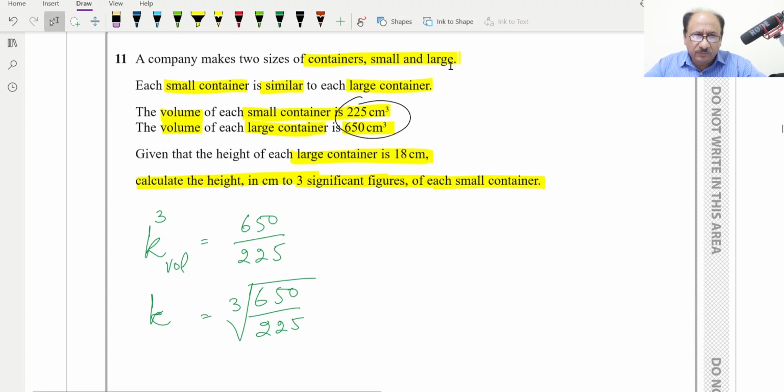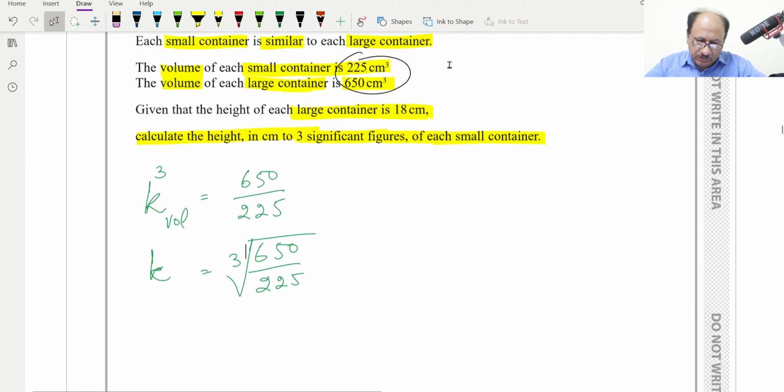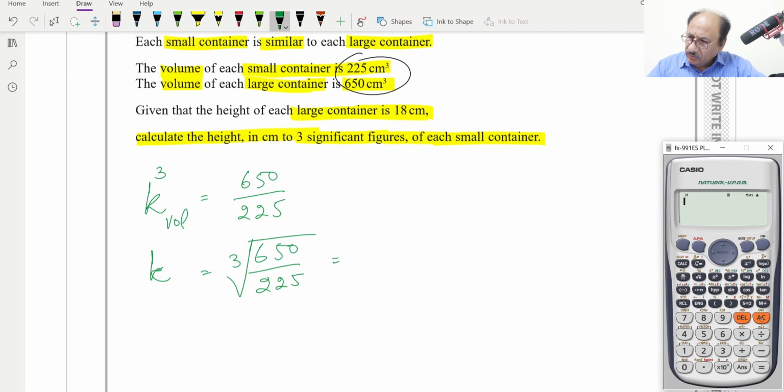Now this will be what? This one we can write in decimal format also, and if we solve this one, this is cube root of fraction, and this will be 650 over 225 is equal to 1.42.